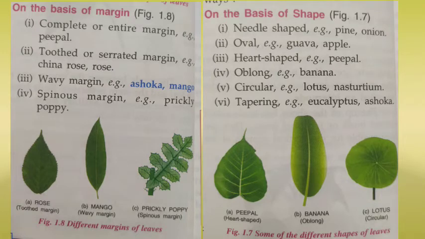The examples for these are the leaves of peepal, China rose, Ashoka, mango and prickly poppy. On the basis of shape, leaves are classified as needle-shaped, oval-shaped, heart-shaped, oblong, circular and tapering. The examples for these shapes are pine, guava, peepal, banana, lotus and Ashoka.